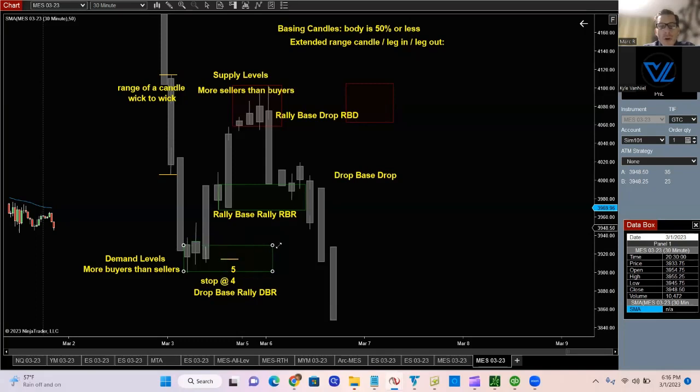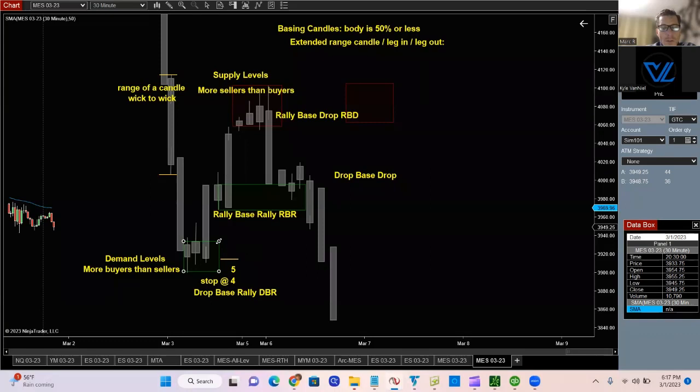I used to draw all my zones like this, taking the highest basing candle in the demand zone. And I wouldn't consider anything that didn't come down into these bodies. Now, whether I was limit or was trading it another way is not completely relevant at the moment. But my trading style is a little different now.